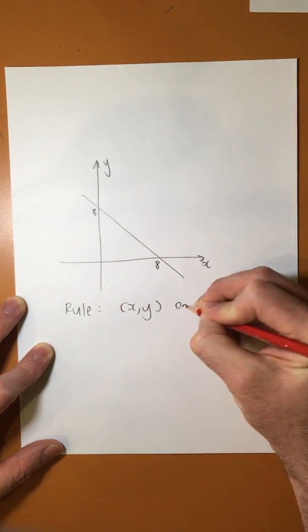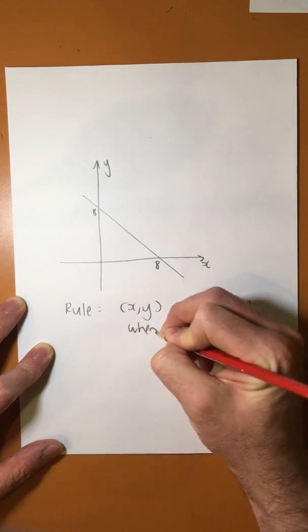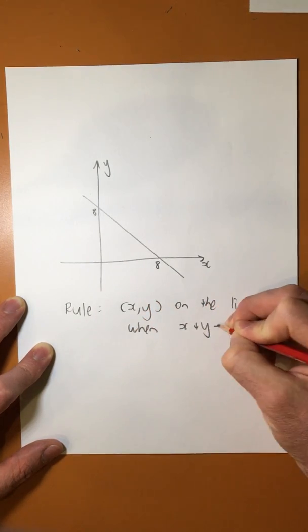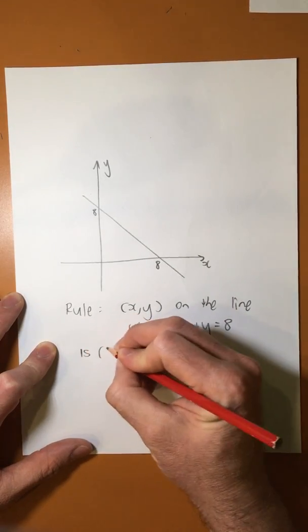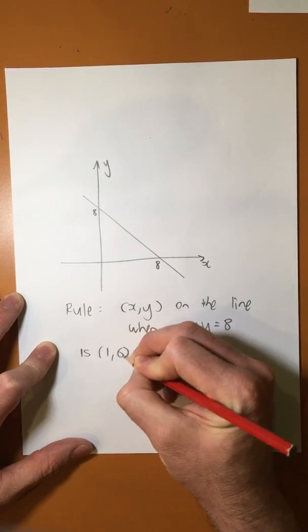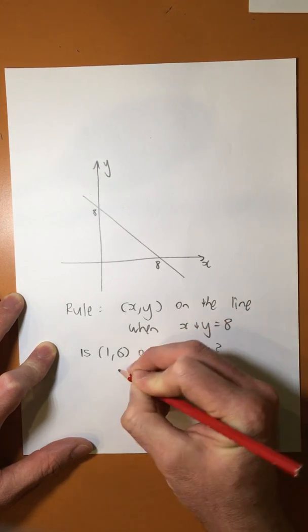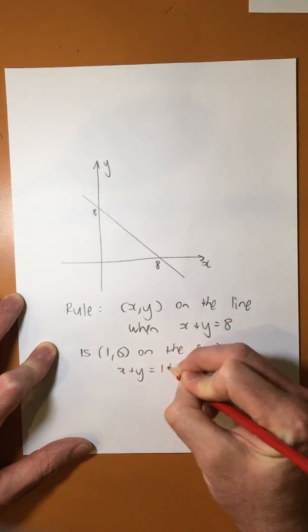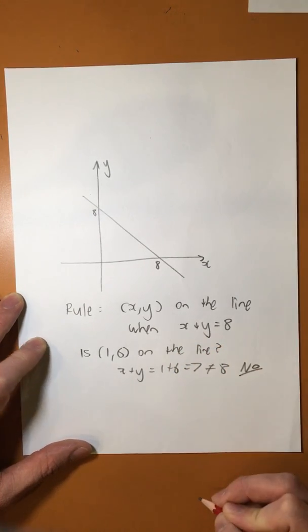X, Y is on the line when x plus y is equal to 8. And so we could ask, is (1, 6) on the line? Well, x plus y would be 1 plus 6, which is 7, which is not 8, so no.